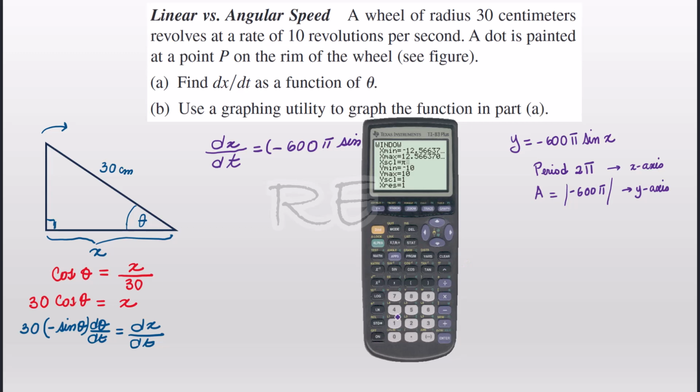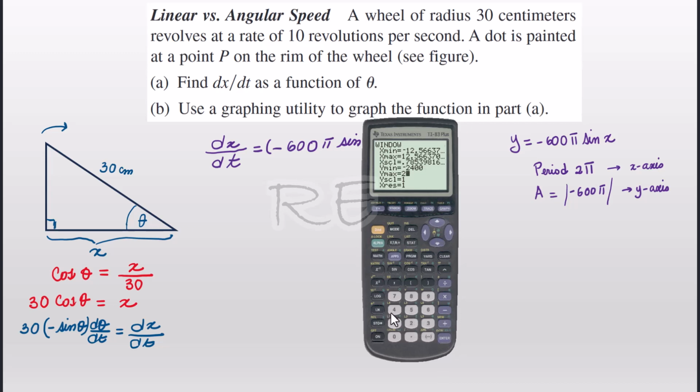Pi over 4 is 45 degrees. Now for the y, the y will need to accommodate the top of the amplitude. We're going to multiply 600 by 4, knowing that pi is about 3.14, so 600 by 4 is 2,400.